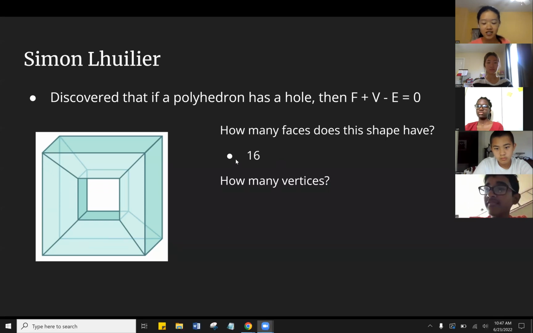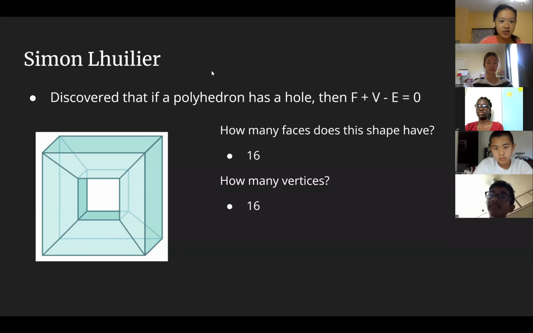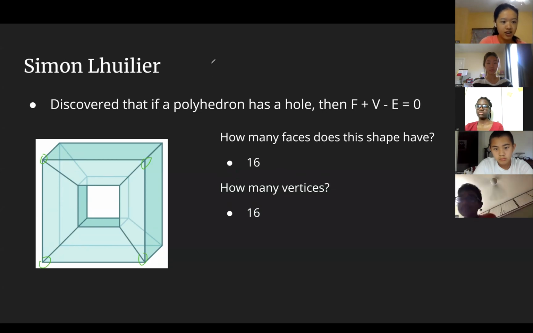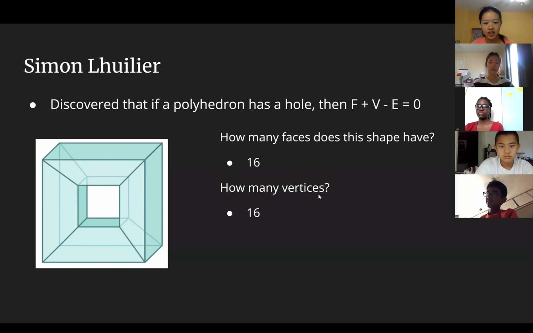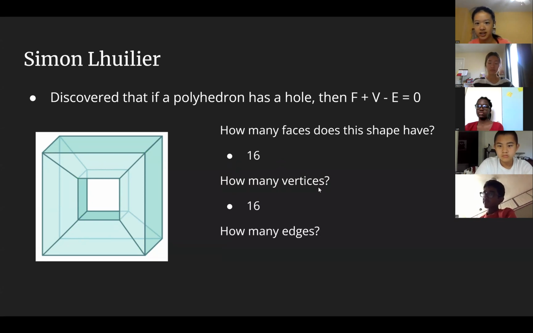So yes, there are 16 vertices because you have 1, 2, 3, 4 on this side, and 4 on the other side, and then the 4 little ones in the middle and the 4 little ones on the other side. So there will be 16 vertices. And how many edges does this have?